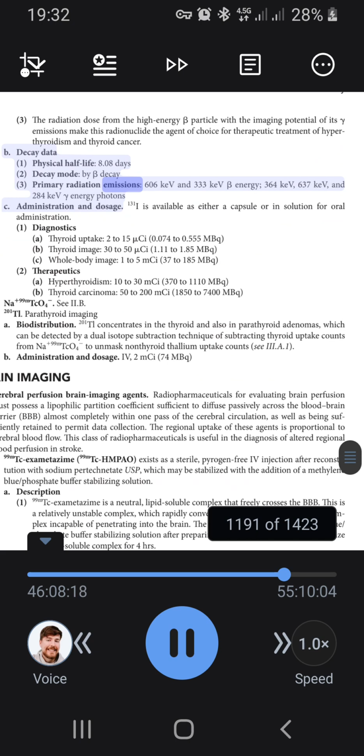Primary radiation emissions. 606 keV and 333 keV beta energy. 364 keV, 637 keV, and 284 keV gamma energy photon.